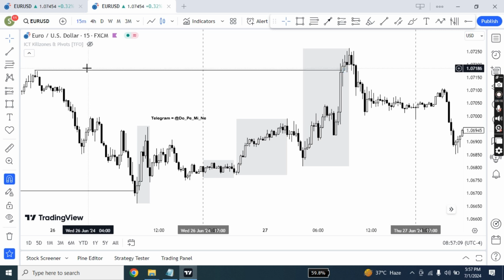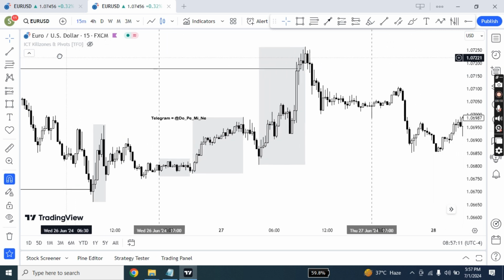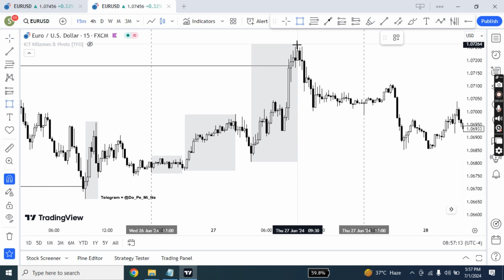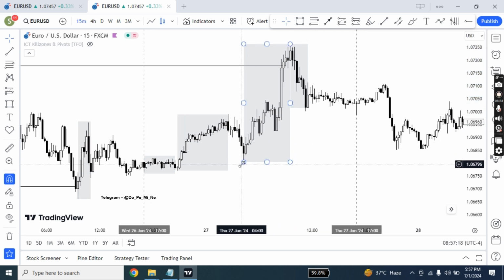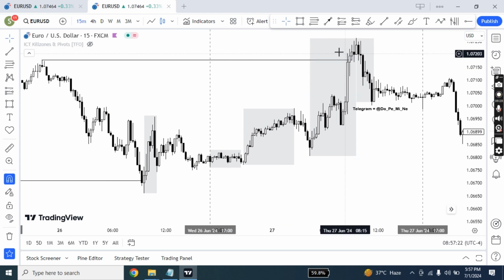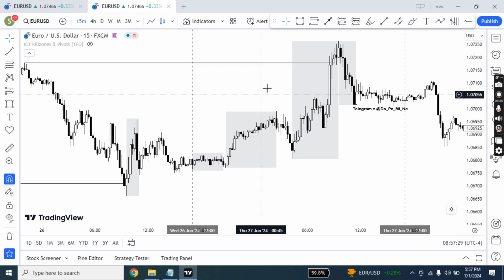So what that means is you can expect a reversal profile, right? And that's exactly what happened. After price with this expansion tested this key level, this 4-hour range high, and closed inside of it, we expect a reversal profile from here.